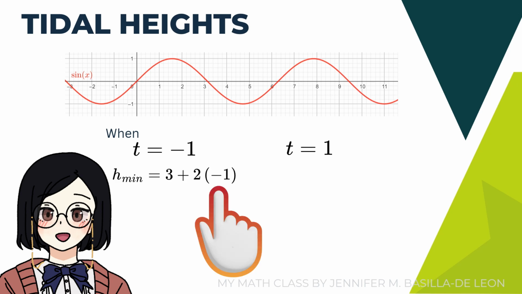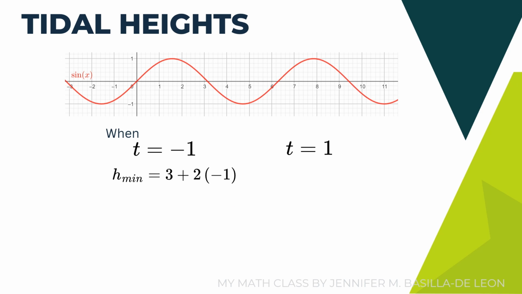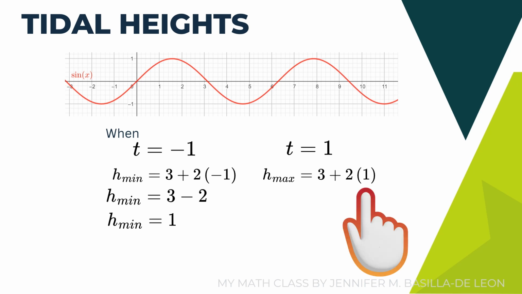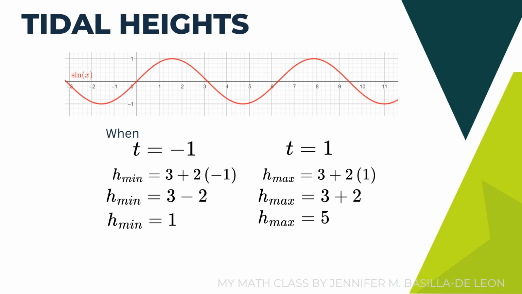Substituting -1, we will have 3 plus 2 times -1. Simplifying that, we will get 1 meter. To get the maximum height, we substitute +1 into the function. We will have 3 plus 2 times 1. Simplifying further, we will have 5 meters.